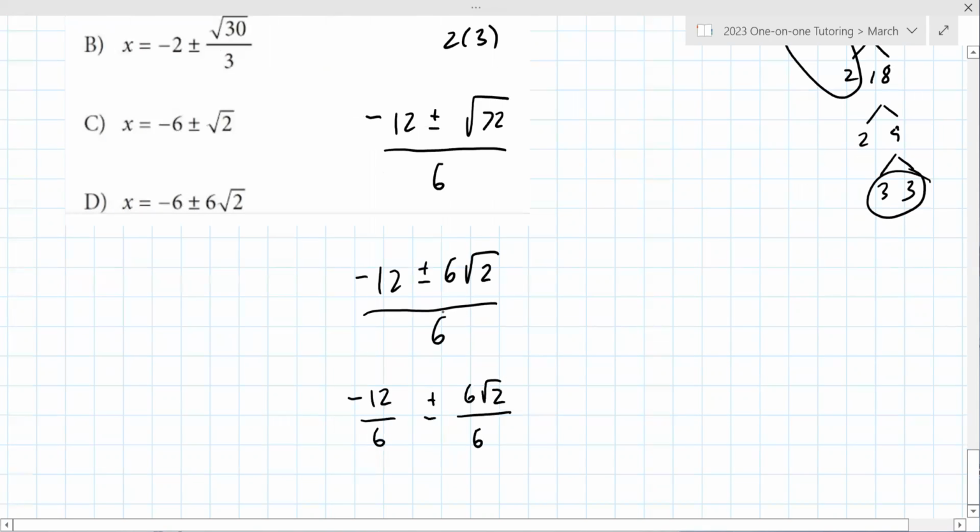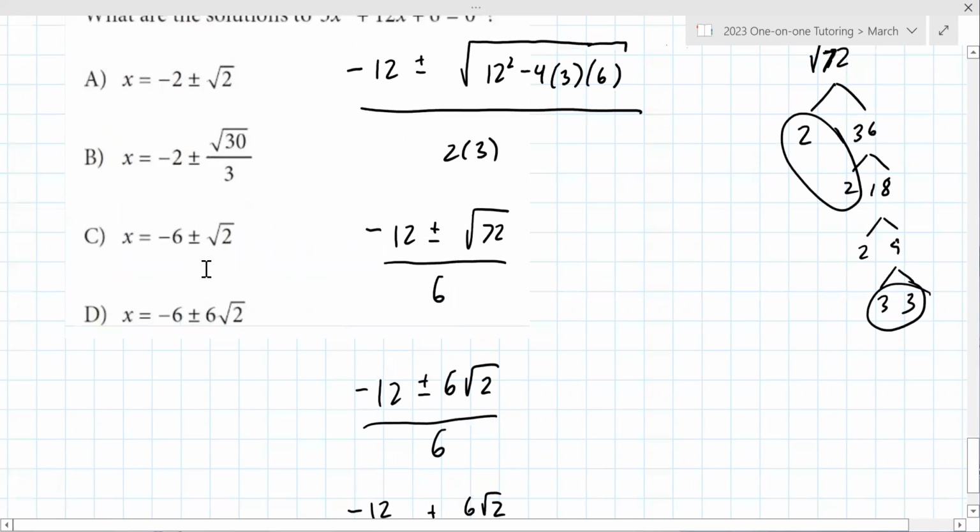You don't get to say, I'm only going to do it to the 1. You have to do it to both here. And -2 plus or minus 6 divided by 6 is 1, so just the square root of 2 there. So your answer here would be letter A.